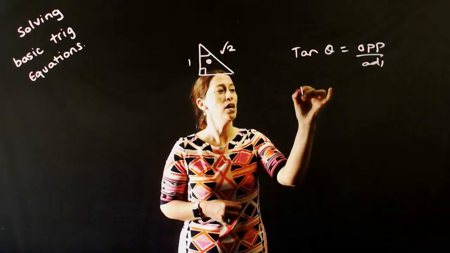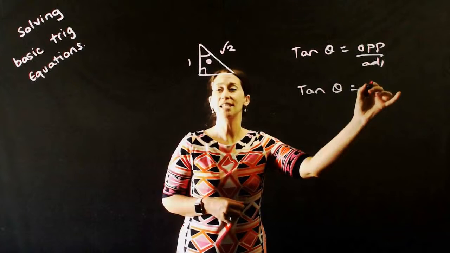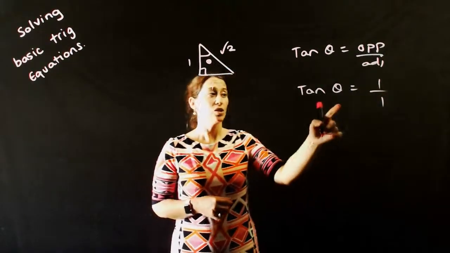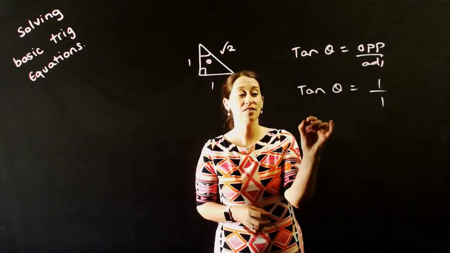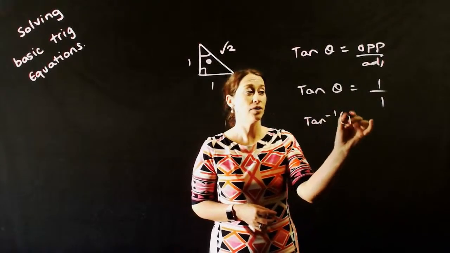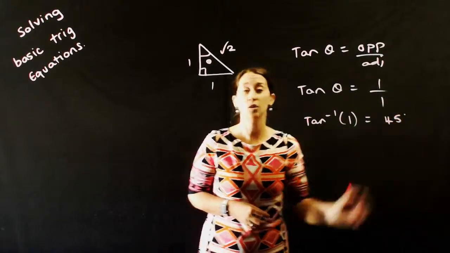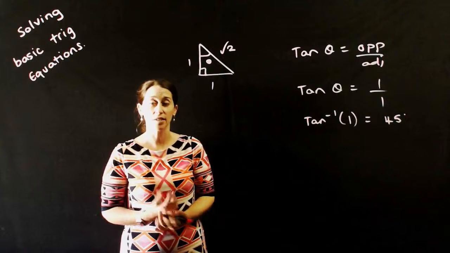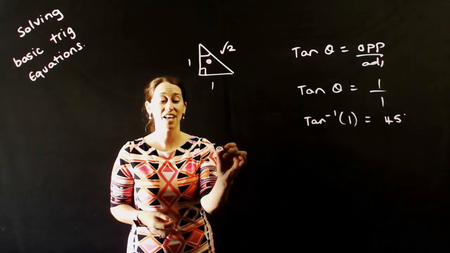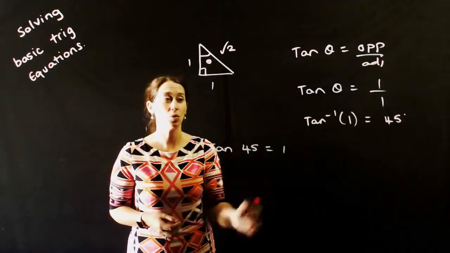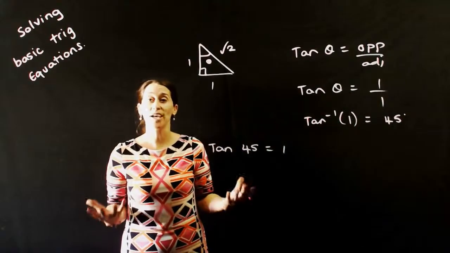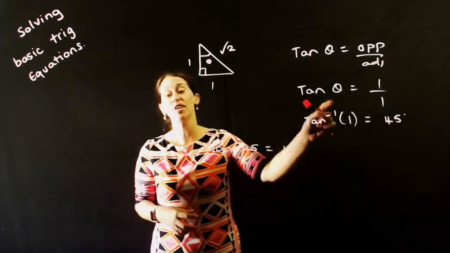And to work that out, tan of the angle is 1 over 1. So to work the angle out, we would use tan to the minus 1 of 1, which tells us that the angle that we're dealing with is 45 degrees. We can also say that tan of 45 equals 1.